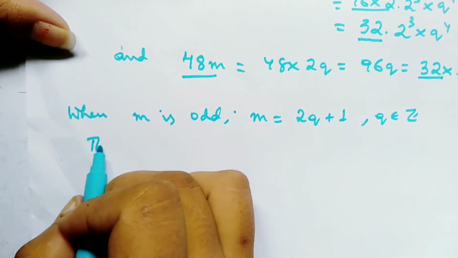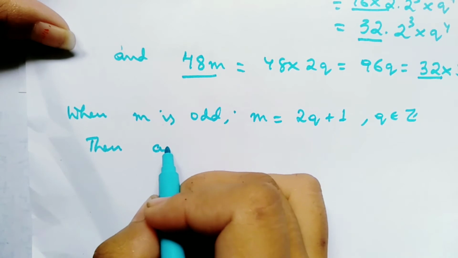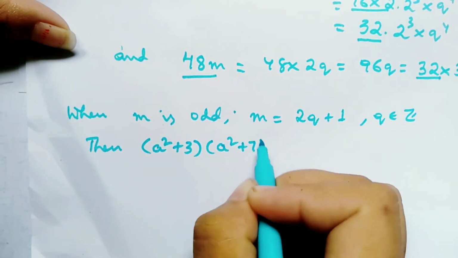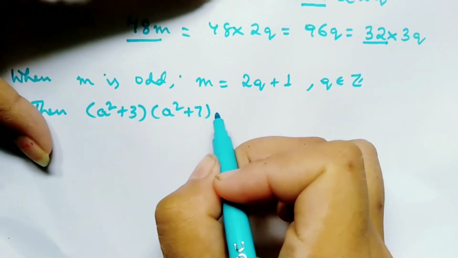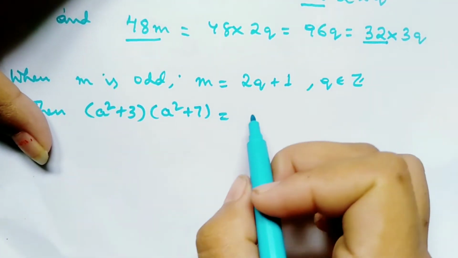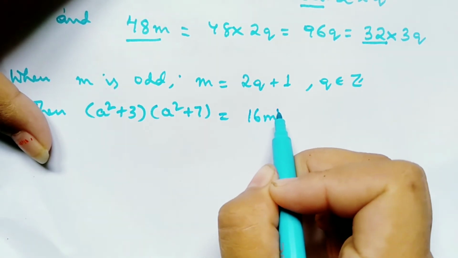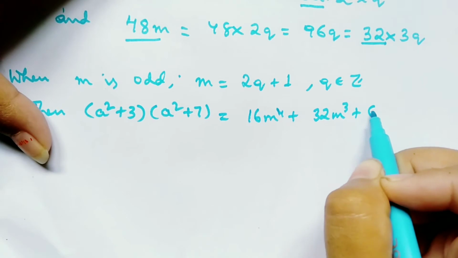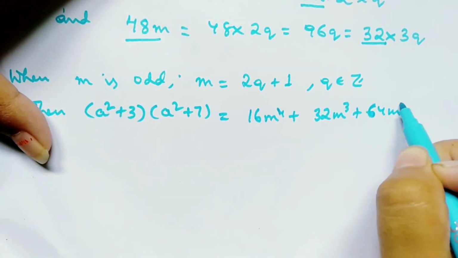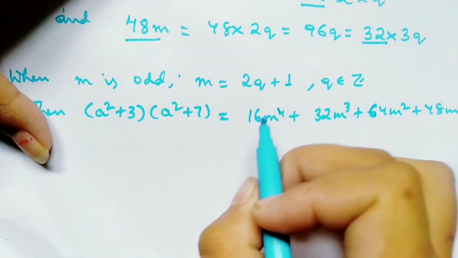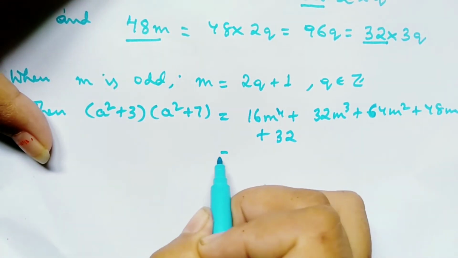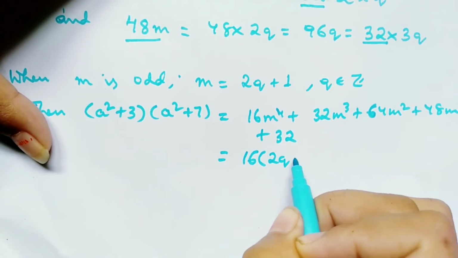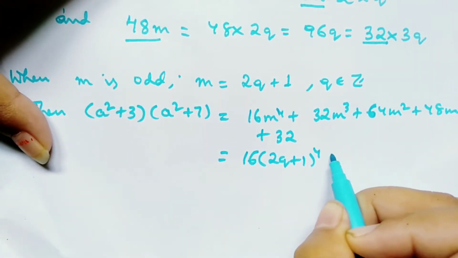Then (a² + 3)(a² + 7) is equal to 16m⁴ + 32m³ + 64m² + 48m + 32, and in place of m we write 2q + 1 in the first and fourth terms.